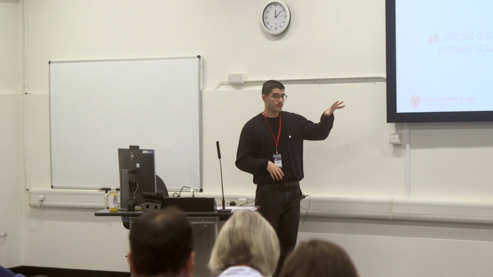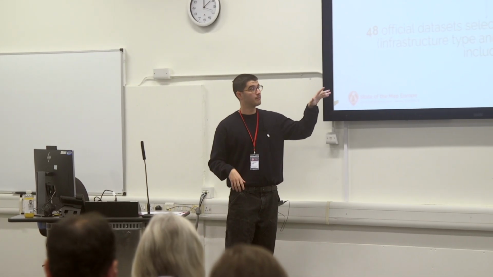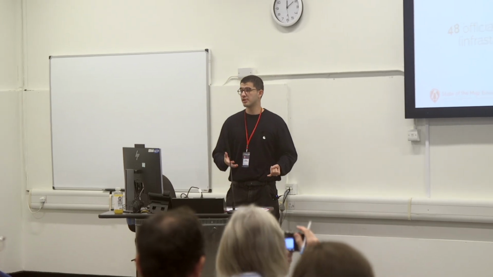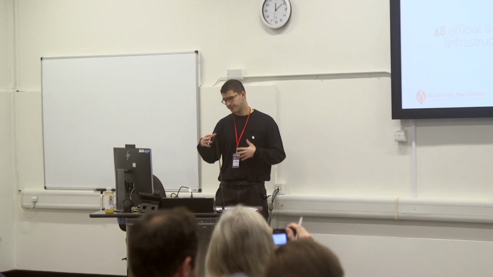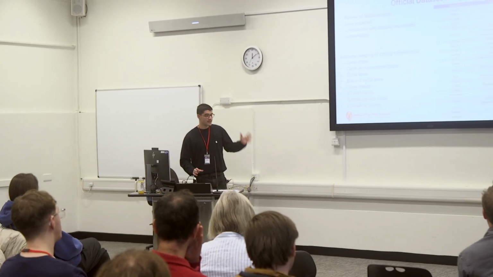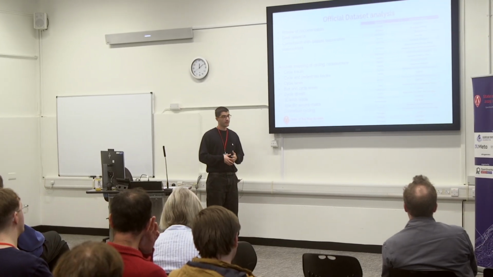From all of these, we further analyzed 48 of them because they had the indicator of the cycling infrastructure type and also some further quality parameters included, like surface type, surface quality, width, directionality, etc. So, which are these different official datasets that we identified and we further analyzed?